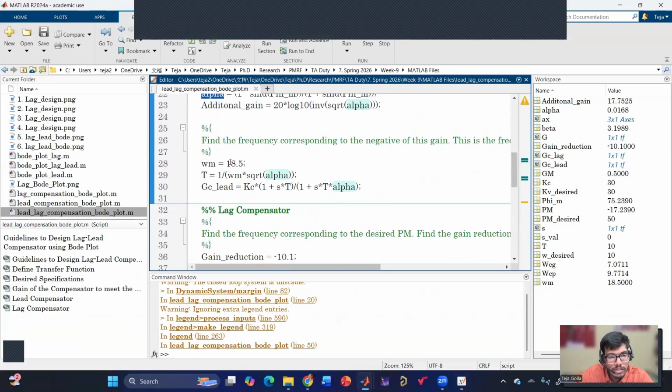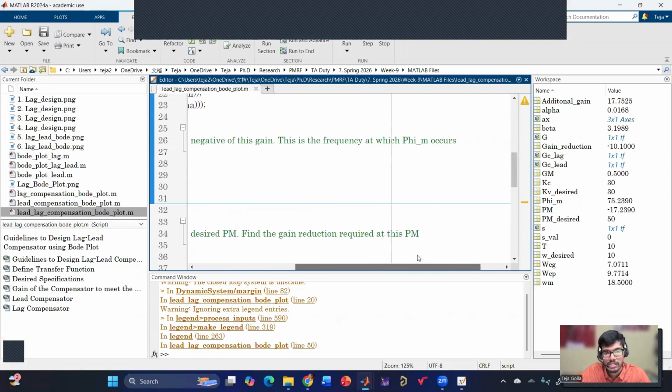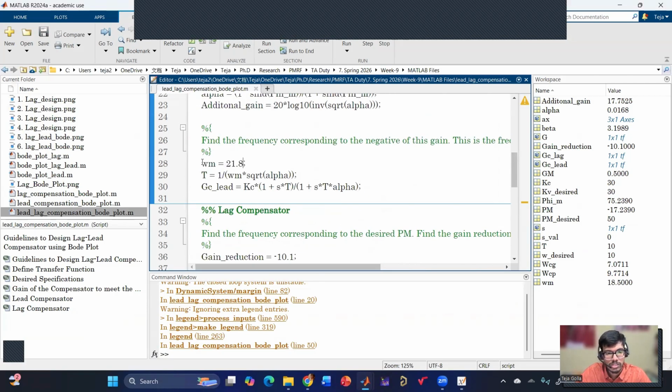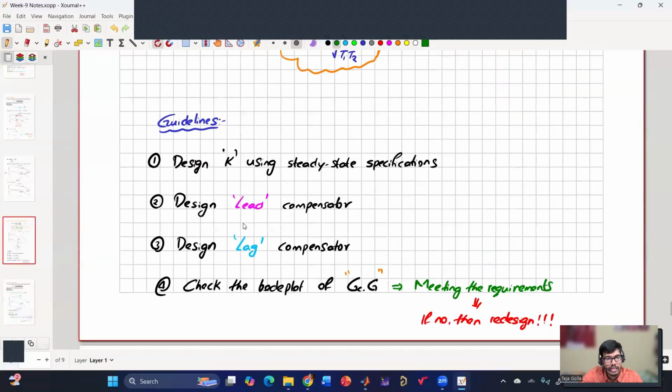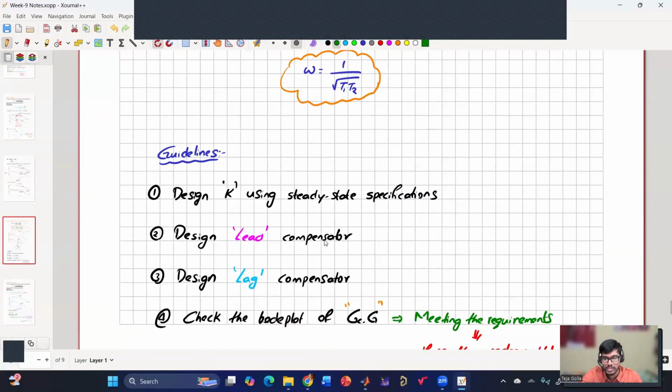Again, the frequency corresponding to the negative of this gain is the frequency at which phi m occurs. So this is omega m. So I can calculate GC lead. So this is my GC lead. Once I have obtained the GC lead, I have done the second part of the compensator, the lead compensator.